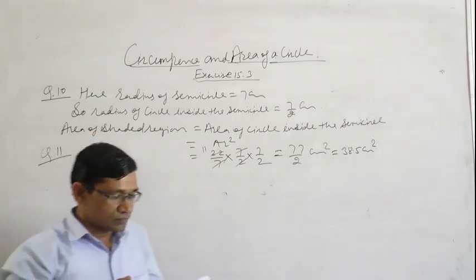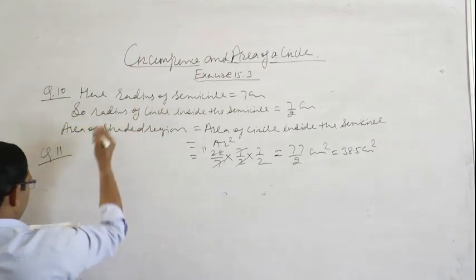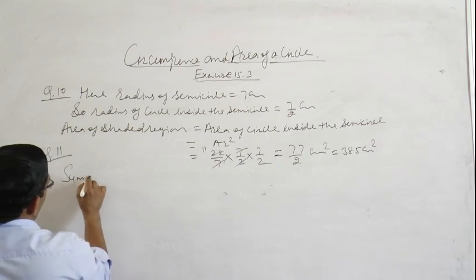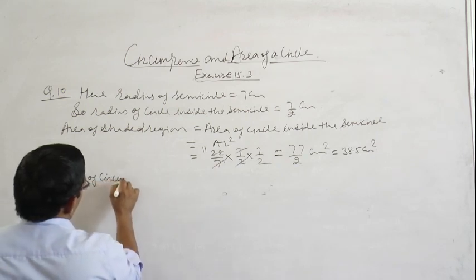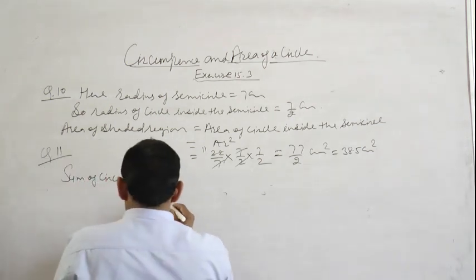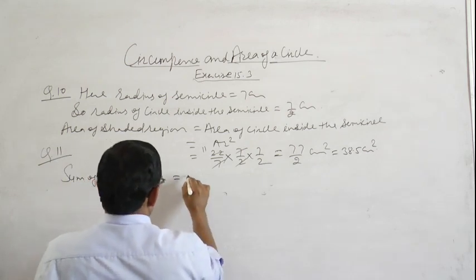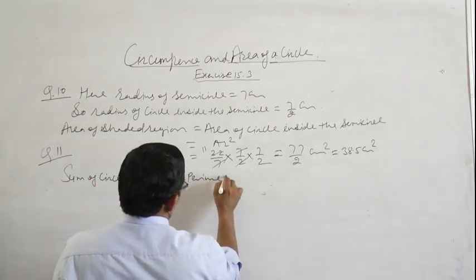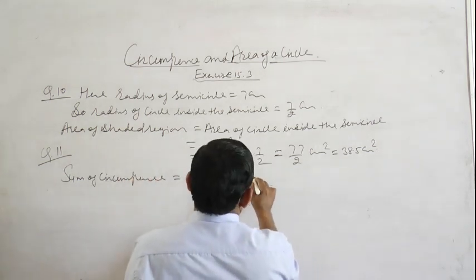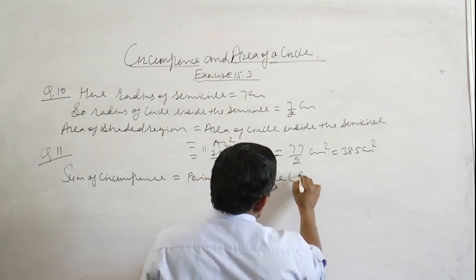In this question, sum of the circumference of two circles with radius r1 and r2 is equal to perimeter of the circle with radius r.